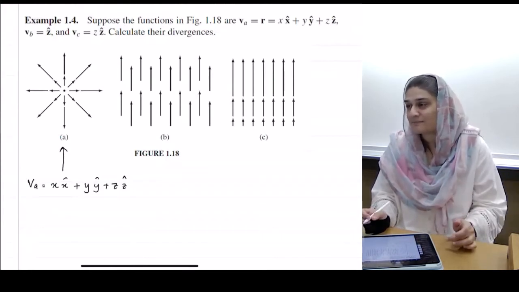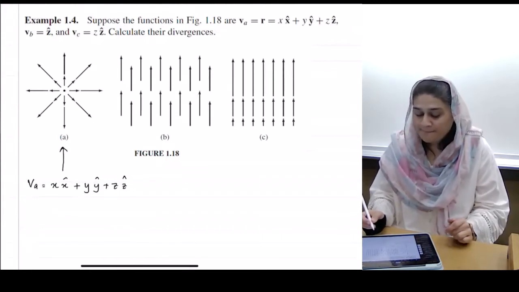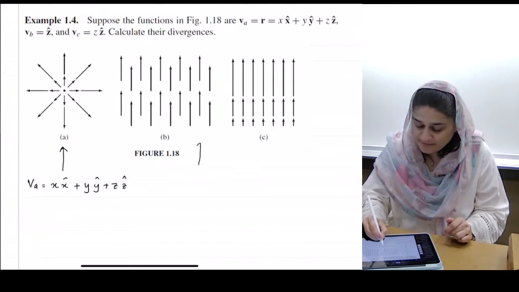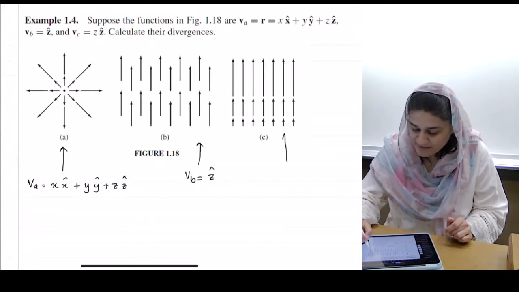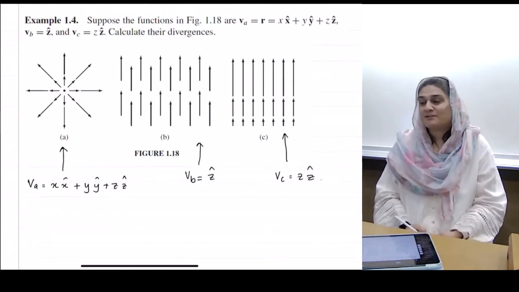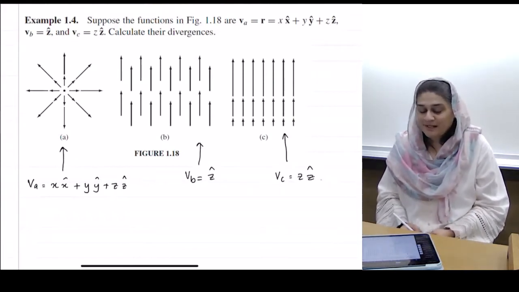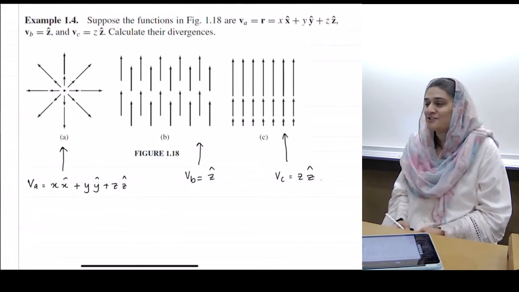It doesn't matter. And then they give me this one as VB equals just this. And they give me this one as VC equals z hat. Casey, you get to pick which one you want to do. And it says calculate their divergences.